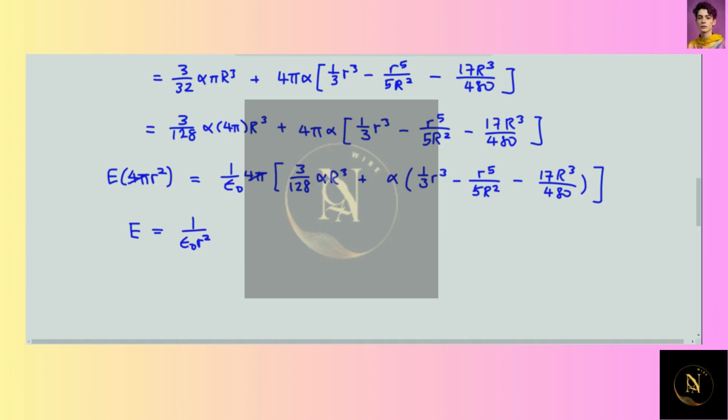I'm going to pull out the alpha. So alpha is equal to 480 q divided by 233 pi r cube. Okay, and then I have 3 over 128.